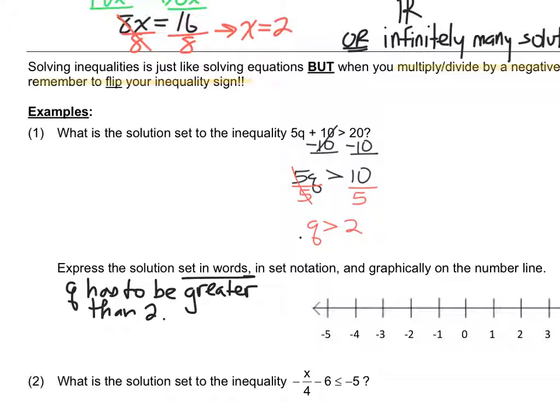The way we express this in set notation is to create, do your best, a squiggly bracket. When you're creating the squiggly bracket, you're creating basically an S, and then going the other way with that S. Alternatively, create the S and then go from bottom to top.